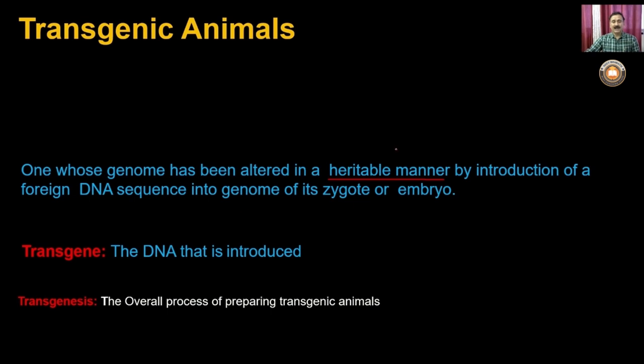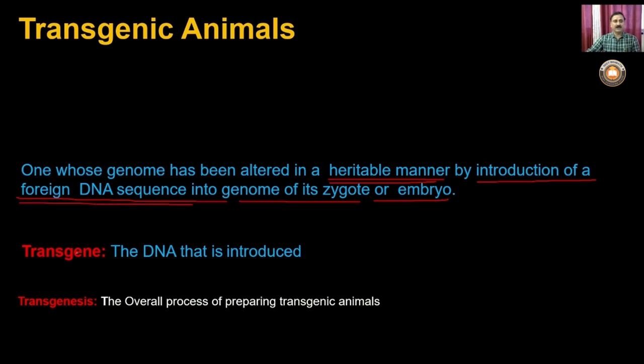If you want to do that, then you have to introduce the gene or the foreign DNA into the genome of its zygote or embryo, so that when the zygote or embryo develops into the full organism, all the cells, the somatic cells as well as the germ cells, are going to have the same type of genome, and these genomes carry this foreign DNA.